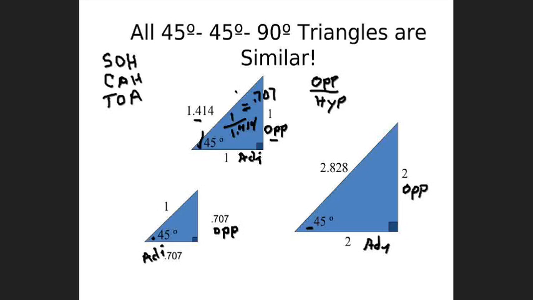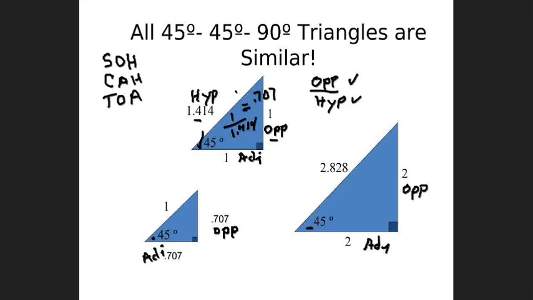All right, so we know if I divide the opposite by the hypotenuse, and don't forget this is the hypotenuse over here, I'm going to get 0.707. That's the ratio of the opposite side to the hypotenuse. Well, okay, what am I going to get on the big triangle to your right? Well, let's see.